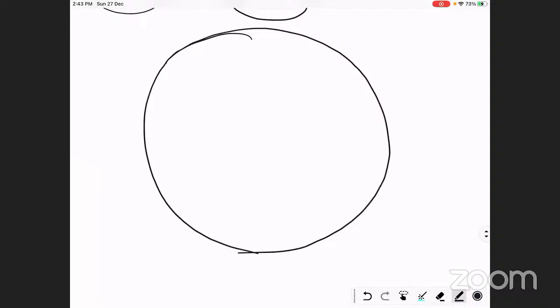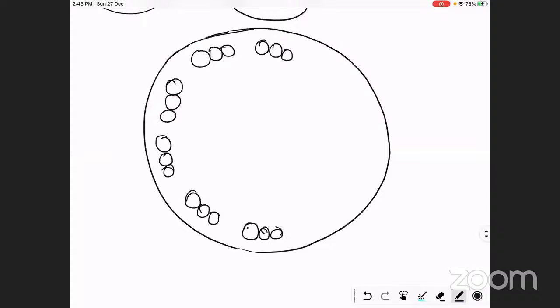Okay, I'm drawing it. 1, 2, 3. Okay, so there are nine triplets.